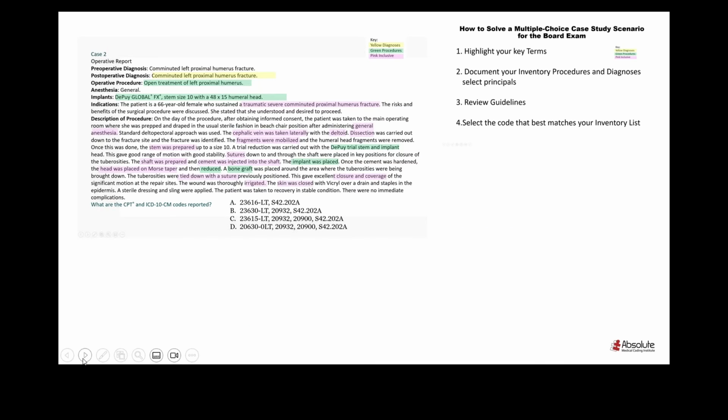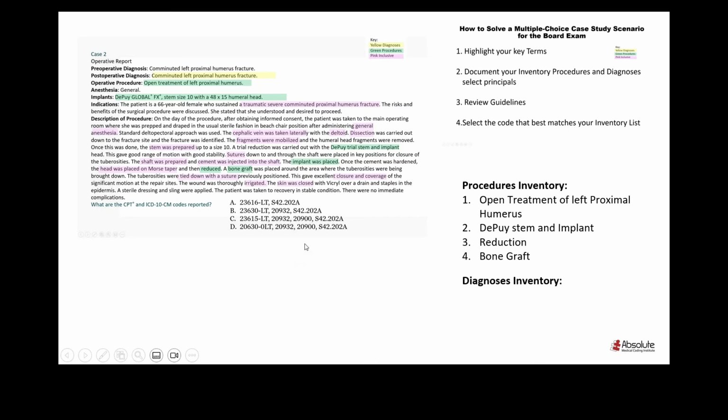So coming back to the coding, we have highlighted the keywords, and now let's have a look at the procedure inventory. We have an open treatment of left proximal humerus performed, a Depuy stem and implant was used, and a reduction was also performed here.